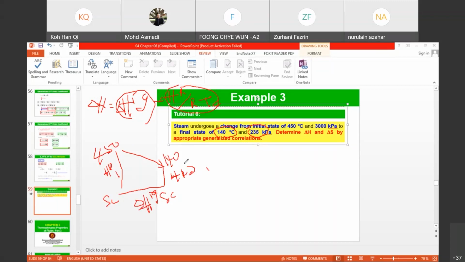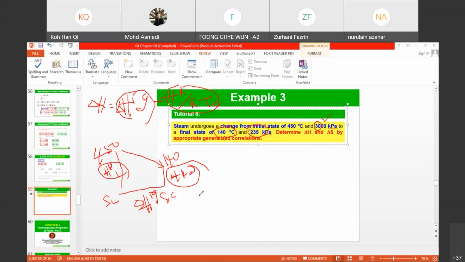So for HR, I think we can use the virial, the next correction of the virial. We just assume that 30 bar is moderate, just to make it easy.